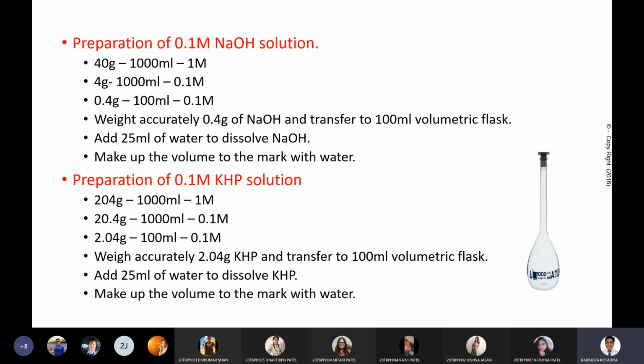That is the property of NaOH. So when you take out NaOH from the bottle and go for its weighing, it will absorb moisture from the air. If you are weighing 0.4 gram, you will find some part of water as well, some part of moisture as well. Why? Because it's hygroscopic in nature.